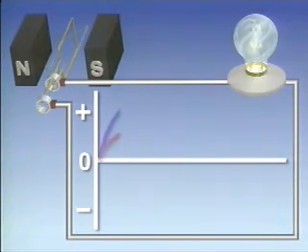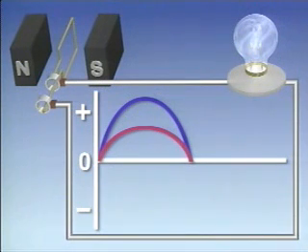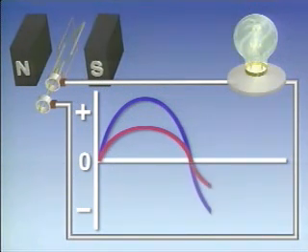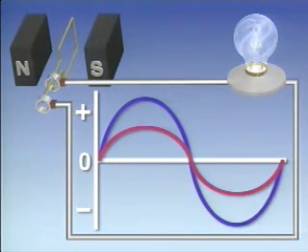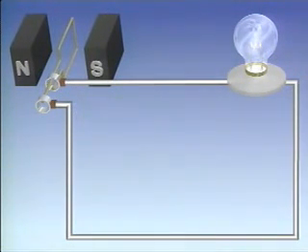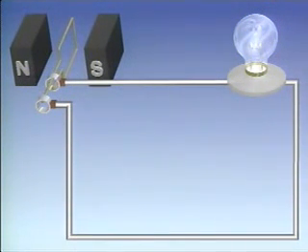As the conductor turns, the voltage and current build up to their maximum positive values and then decrease to 0. Then both voltage and current reverse direction and build up to their maximum negative values. When they decrease to 0 again, they'll have completed one cycle. In this case, what we mean by one cycle is one full rotation of the conductor through 360 degrees.